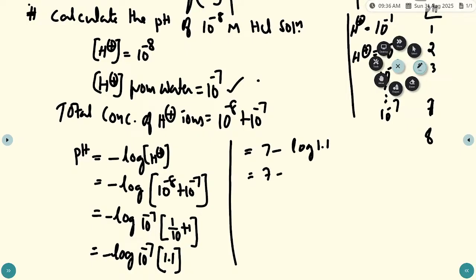The value of log 1.1 is 0.04, so the answer is 6.96, sorry.